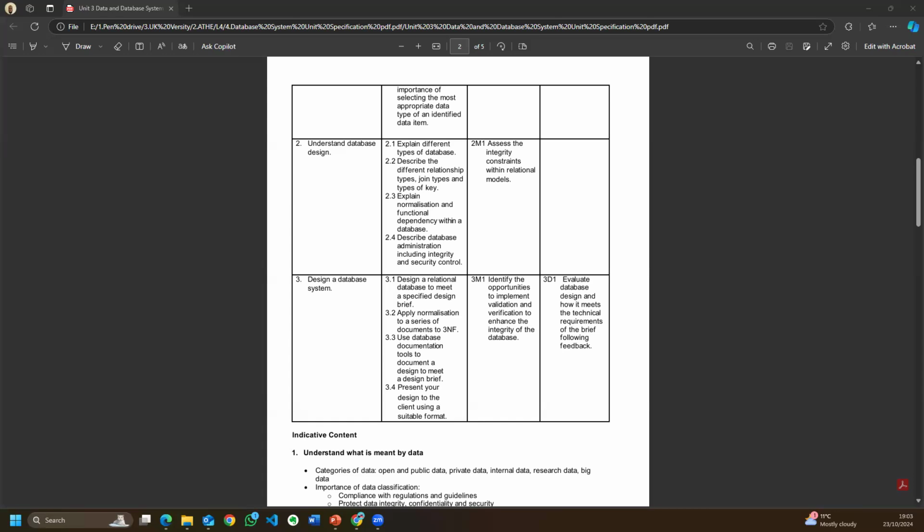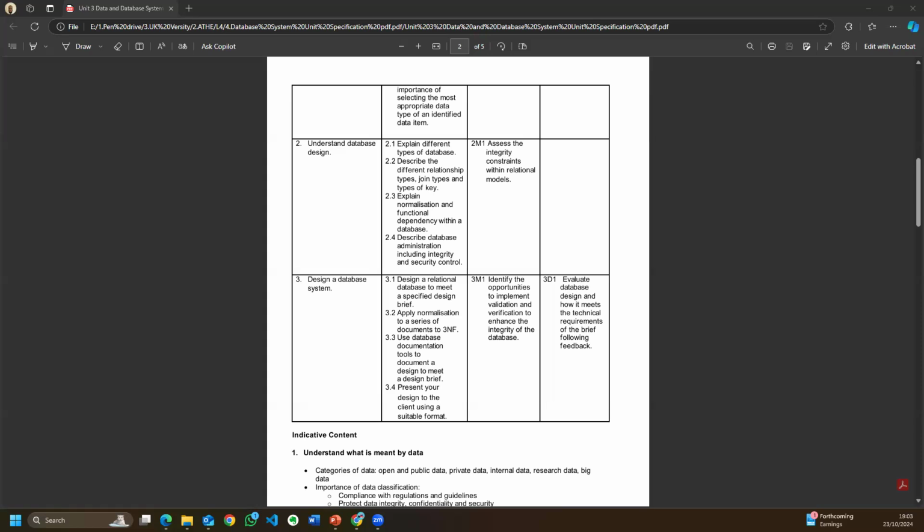We explained the difference between entities and attributes, and the different types of relationships.